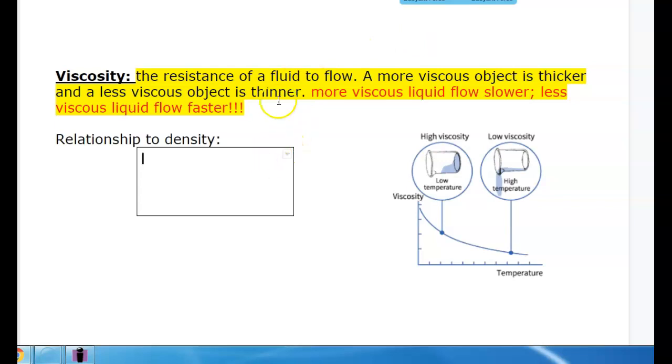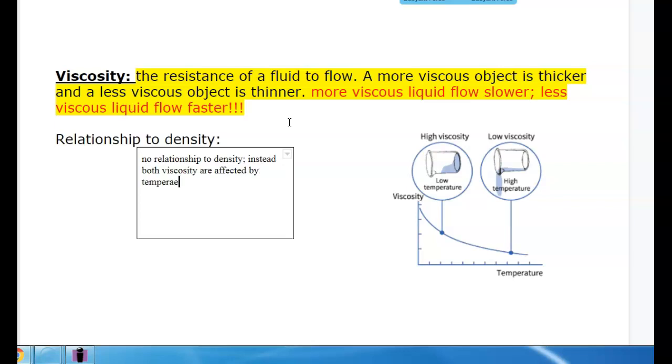All right, so what does that have to do with density? And it turns out there is no relationship to density. Instead, both density and viscosity are affected by temperature the same way.